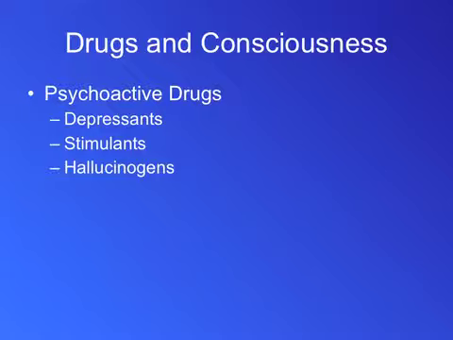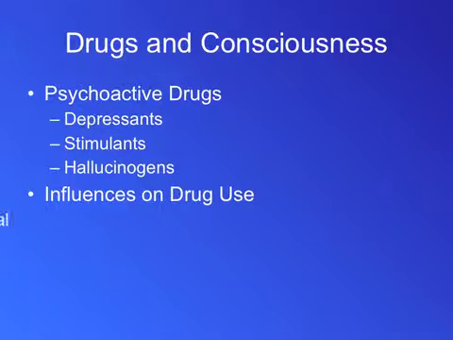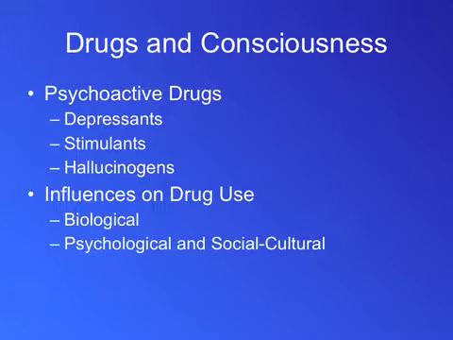All right, so some influences on drug use. And again, it's never one or the other. It's a combination of all of these items. Biological: there is a genetic link to addiction. Remember, we talked about the hypothalamus as the pleasure center in the brain, and the size of the hypothalamus in rats led them to be more likely to cross that electrified grid to receive the stimulation to their hypothalamus.